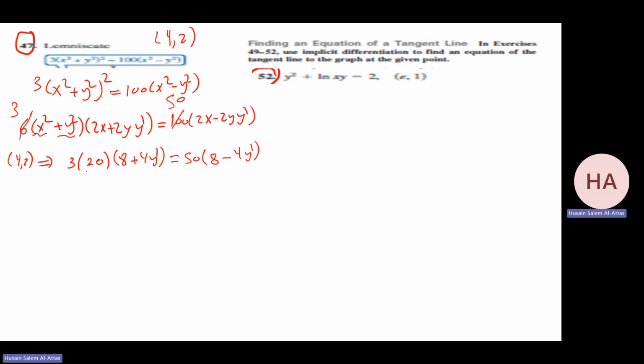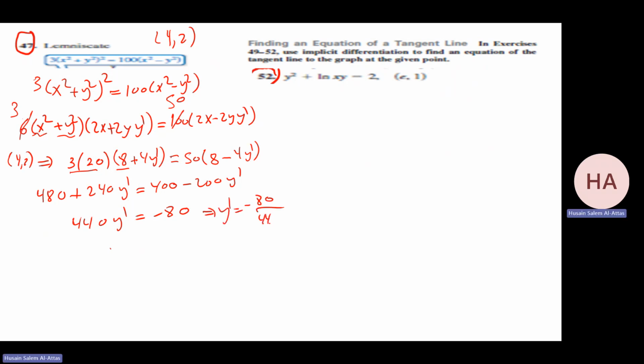Okay. Now I have 60 times 8, 480, plus 60 times 4 plus 240y prime equals 400 minus 200y prime. So I have 440y prime equals minus 80. So y prime equals minus 80 over 440. Cancel over 4. This is 2. This is 11. So it's minus 2 over 11. Okay.